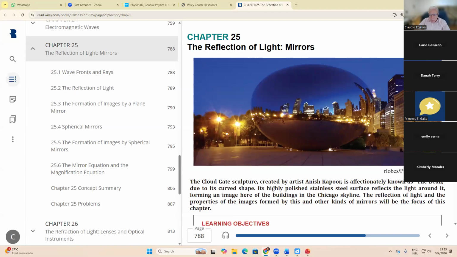The Cloud Gate sculpture created by the artist is affectionately known as the Bean due to its curved shape. Its highly polished stainless steel surface reflects the light around it, forming an image of the buildings in the Chicago skyline. It doesn't say, but most likely it is a convex mirror. It's not glass, right? It's a highly polished stainless steel surface.